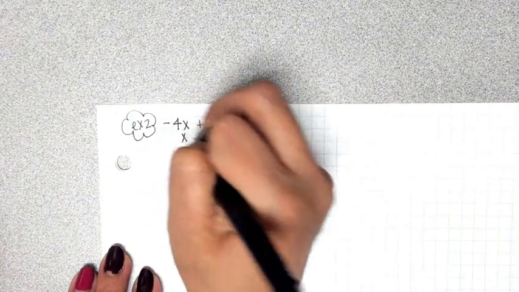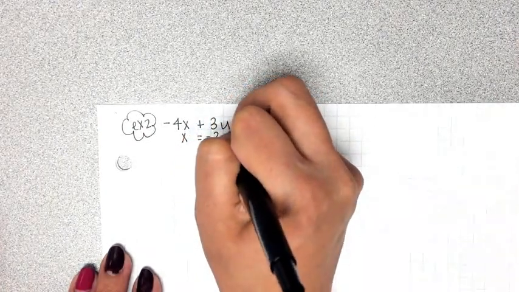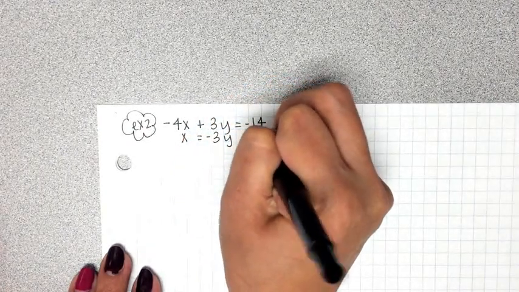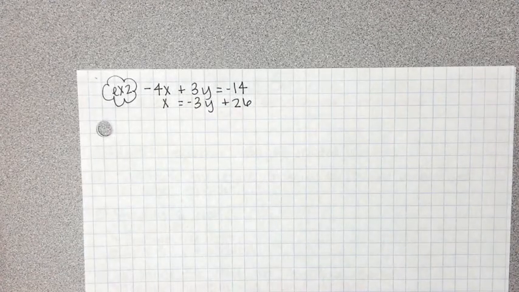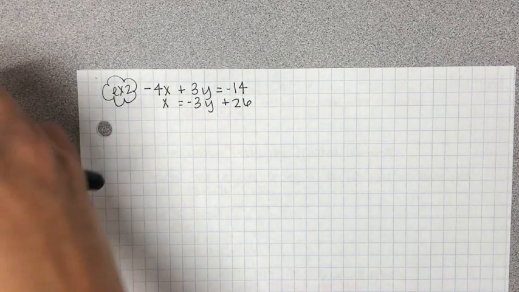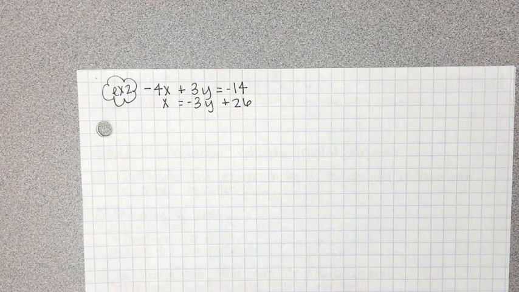And then my other equation is x equals negative 3y plus 26. I'm just going to talk my way through this one instead of writing the steps on the side, just so you can see how you would normally do it without having to write the steps each time.